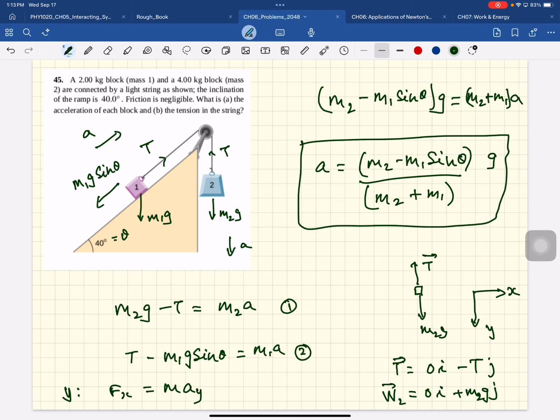This is the y component of the forces, M2g minus T. That's equal to mass times the y component of the acceleration.